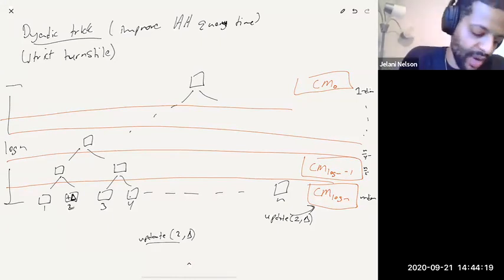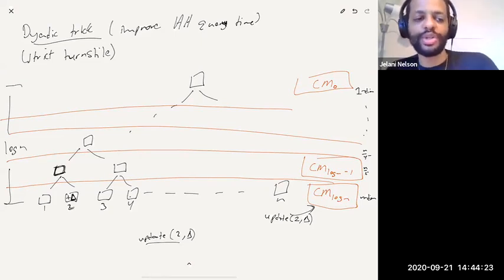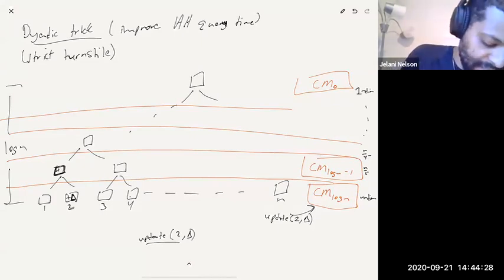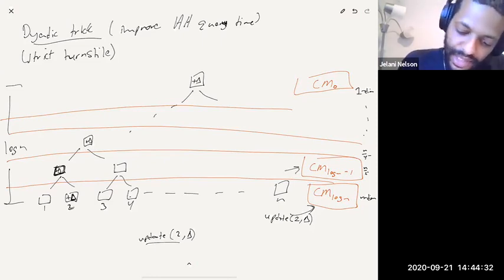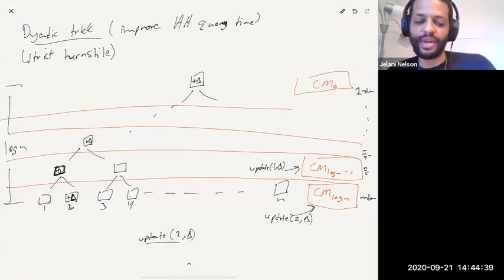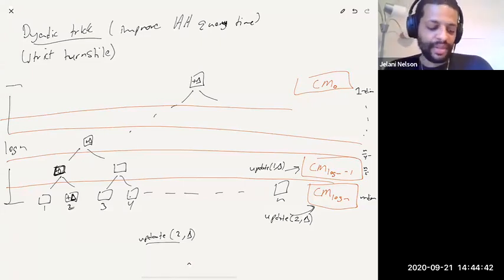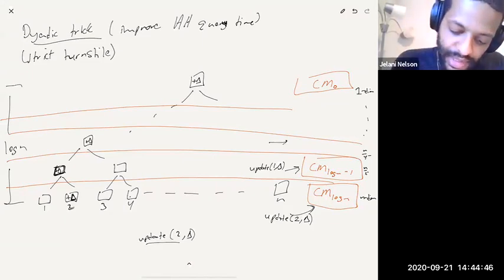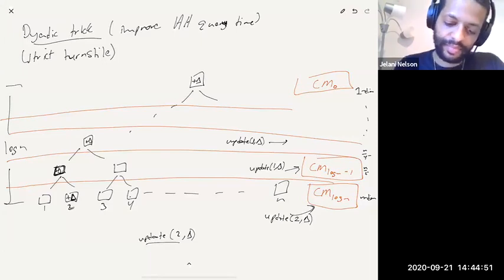For example, this node right here above 1 and 2: every update that happens to 1 or 2 also gets processed there. Which means I'm adding delta here, similarly here, and also here. This thing is getting an update (1, delta), because from this level's point of view, this is an n over 2-dimensional vector, and the first dimension in this level is the thing that's getting updated. Similarly here, I'm updating (1, delta), etc. Basically the leaf-to-root path.